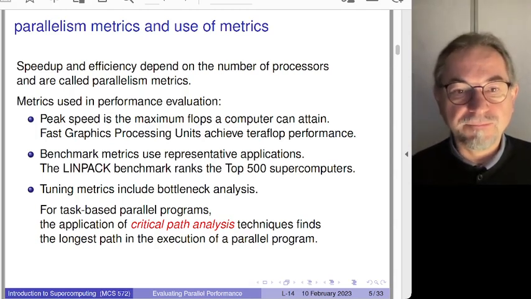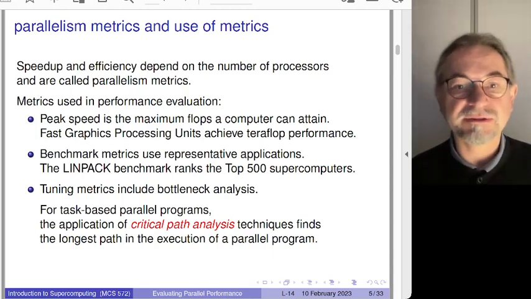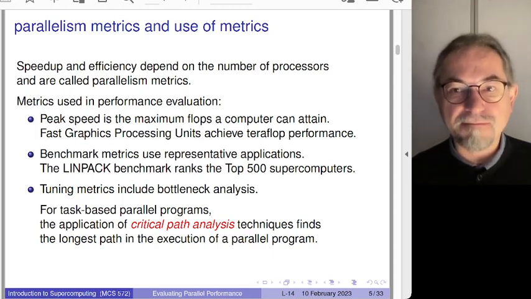So if we defined tasking in earlier lectures, one can analyze the task graph, and in particular look at the critical path in such a task graph to determine the maximum speedup that can be obtained without essentially running any program. So everything that will be discussed in this lecture will not require the running of any program. Okay, so this is the use of metrics.